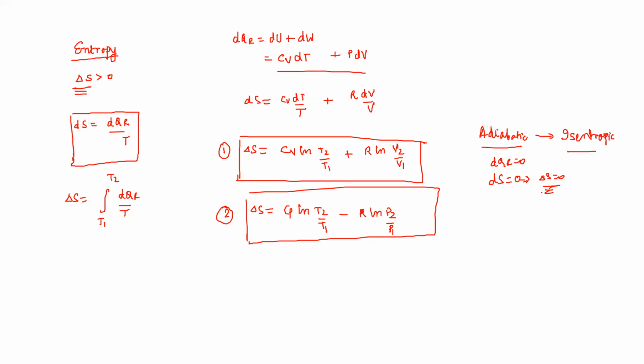The second was isothermal mixing, where the entropy change is equal to minus R sigma yi ln yi. This is what we discussed in the previous video.